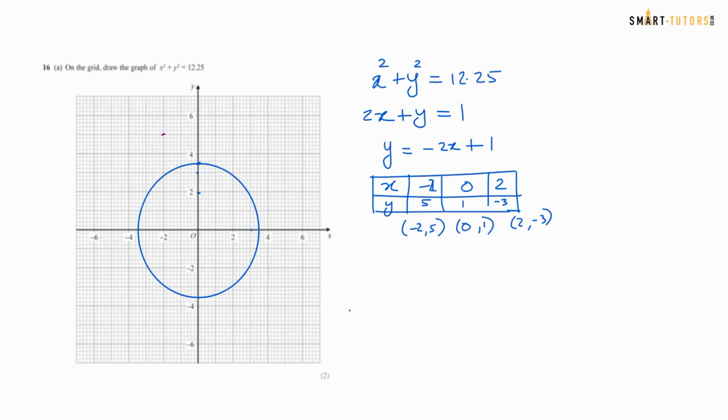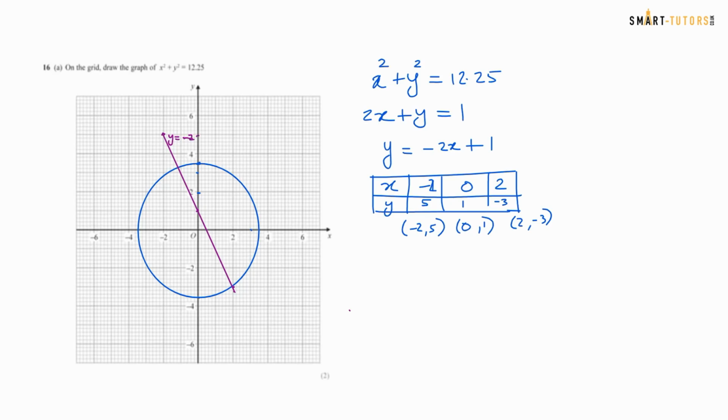Let me go and plot these points on the graph. I use the purple color. Minus 2, 5 is somewhere here, 0, 1 is somewhere here, and 2, minus 3 is somewhere here. So let me join these 3 points.